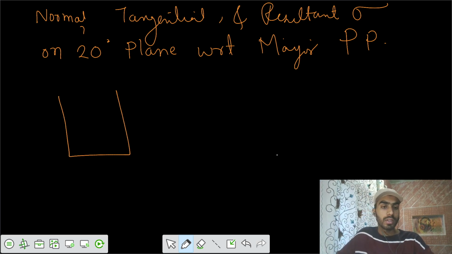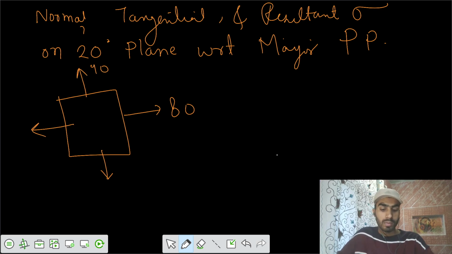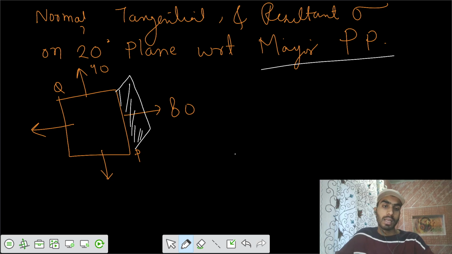So if you have a stress element and sigma x is acting here, positive 80, and sigma y is 40. And there's no shear stress acting on these planes P and Q. So out of these, the major principal plane would be the one on which the major principal stress is acting. So this is our major principal plane, and with respect to this plane, this is our vertical plane.